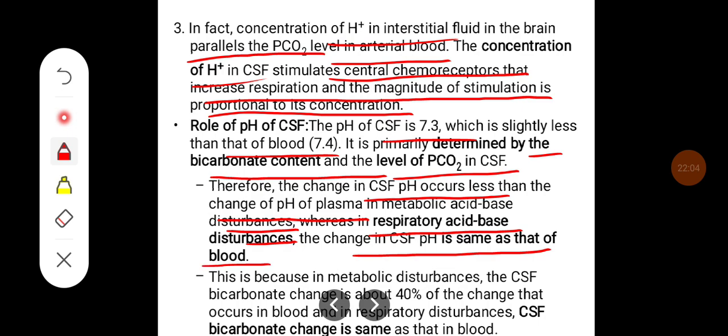This is because in the metabolic disturbances, the CSF bicarbonate change is about 40% of the change that occurs in the blood, and in respiratory disturbances, CSF bicarbonate change is the same as that in blood.